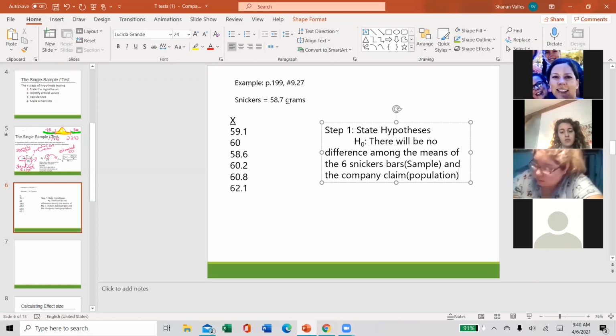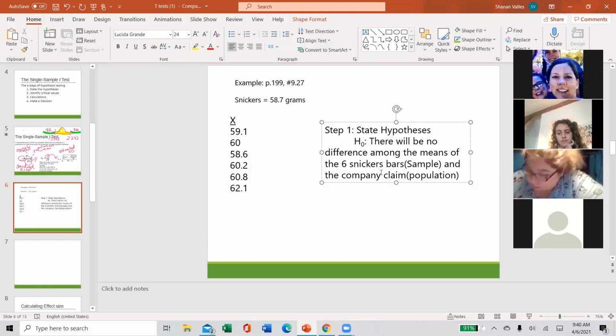Now, looking back over this, is this a great sentence? Probably not. If you're an English major, you might be like, okay, you could reword that. I'm not an English major. And so if you wrote that, I could see that you clearly know that you're comparing the 6 Snickers bars to what the company claim is, okay?